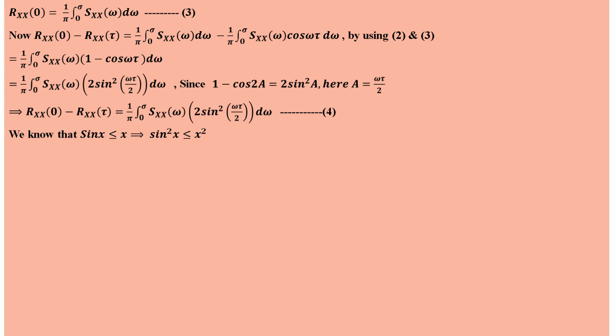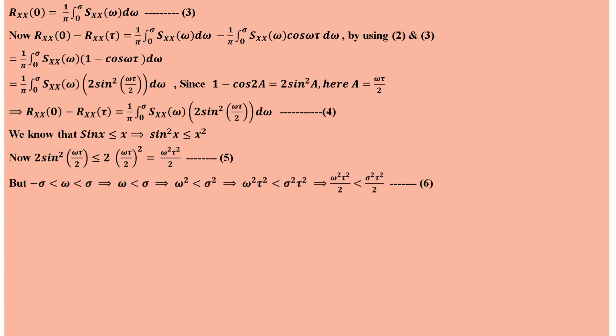We know sin x is less than or equal to x, a trigonometric result. Therefore, sin square x is less than or equal to x square, right? Therefore, here we have 2 sin square (omega tau by 2), which is less than or equal to 2 into, instead of x, omega tau by 2 whole squared. So squaring, you will get omega square tau square, and down you have 4. The 2 and 4 get cancelled, so you get omega square tau square by 2. That is equation number 5.